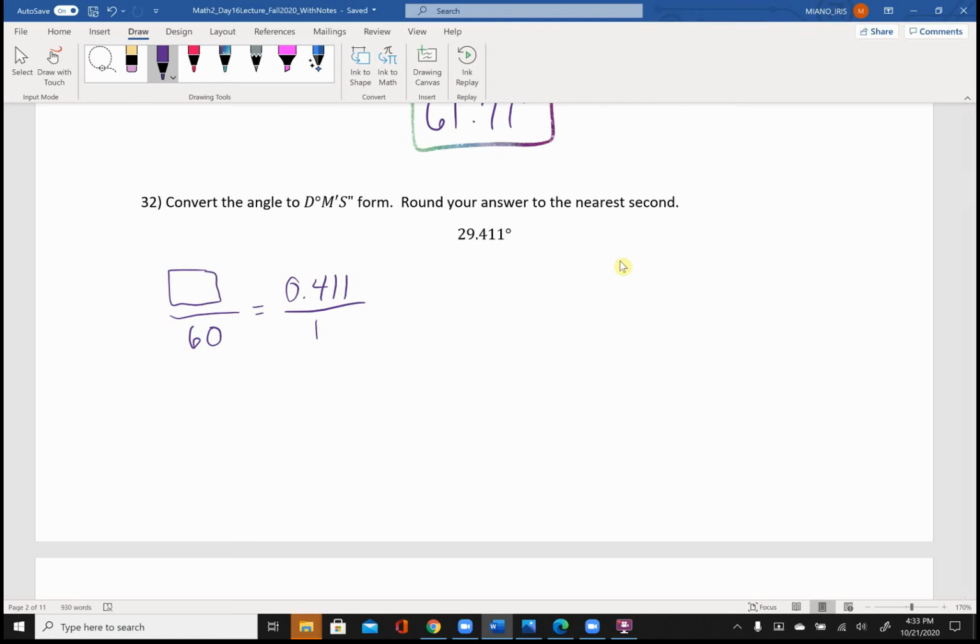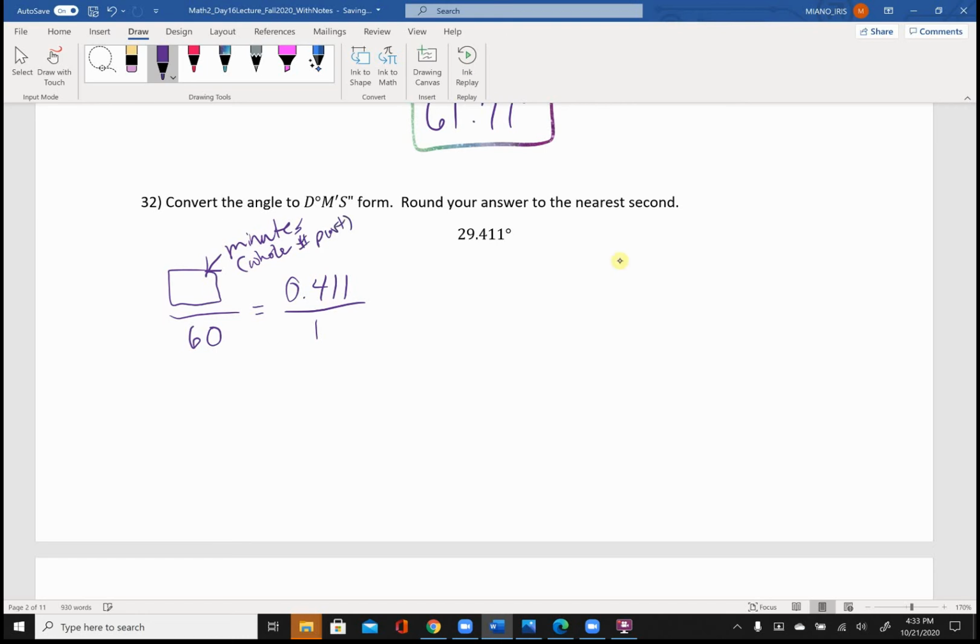All right, so the ratio is this. Here, I'm going to have my minutes, whatever goes in this position. Well, at least the whole number part. The decimal part, I'm actually going to use that in order to find my seconds. Whole number part.